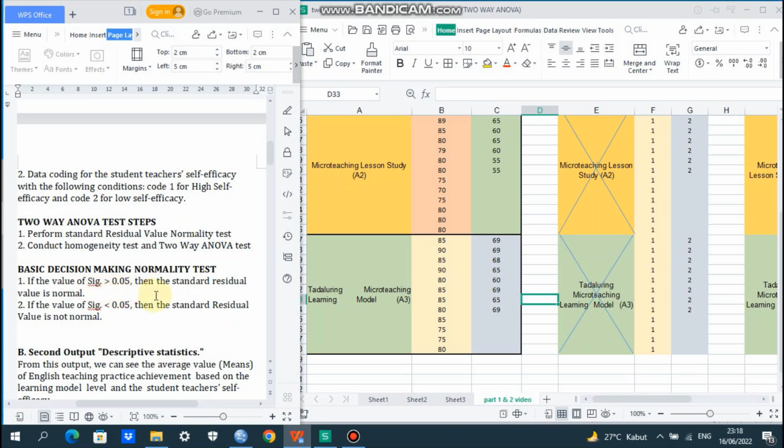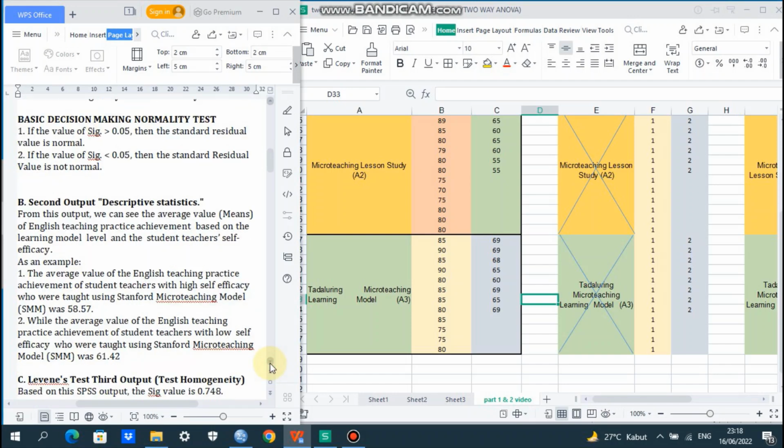Basic decision making for the normality test here: if the value of significance is more than 0.05, then the standard residual value is normal, or the data distribution is normal. And if the value of significance is less than 0.05, it can be interpreted that the standard residual value is not normal, or they do not distribute normally.